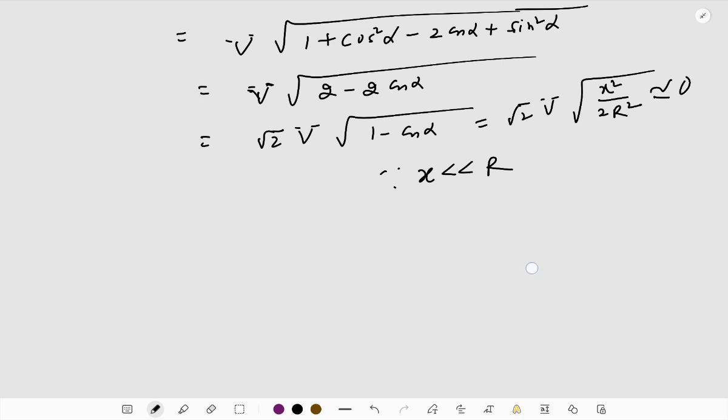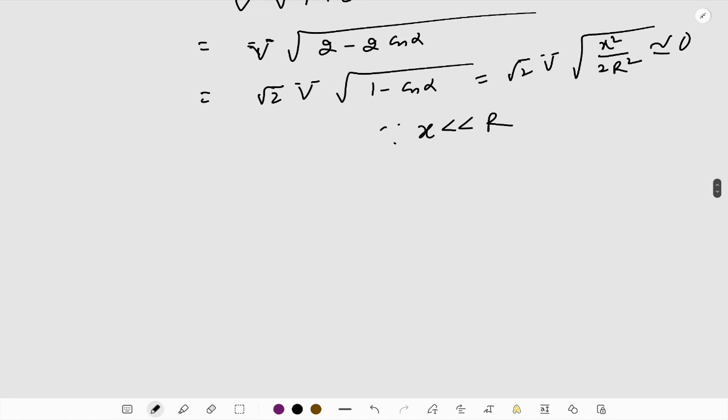So the kinetic energy of the hoop can be simply written as half mv square plus half mv square, and this finally becomes mv square.